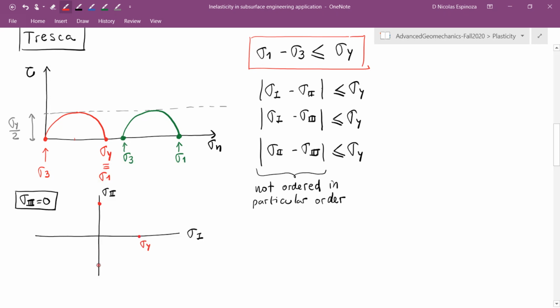That would be the maximum stress with all the others equal to 0. And if I were to just go in this direction, then this is also going to be the minimum value for sigma y. So this is sigma y, this is negative sigma y, and this is negative sigma y.